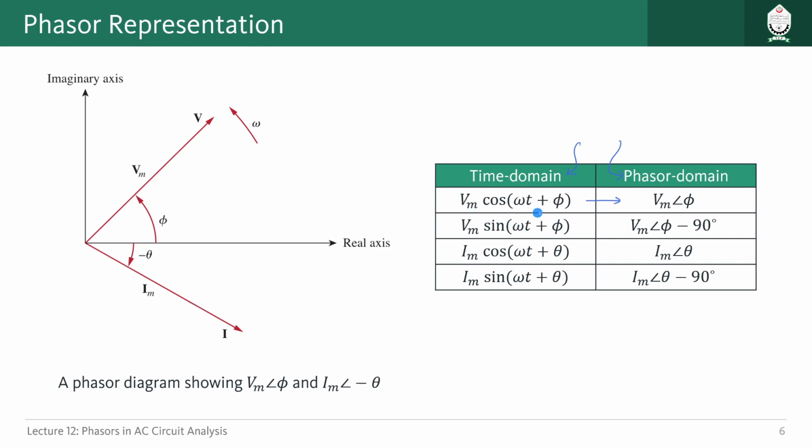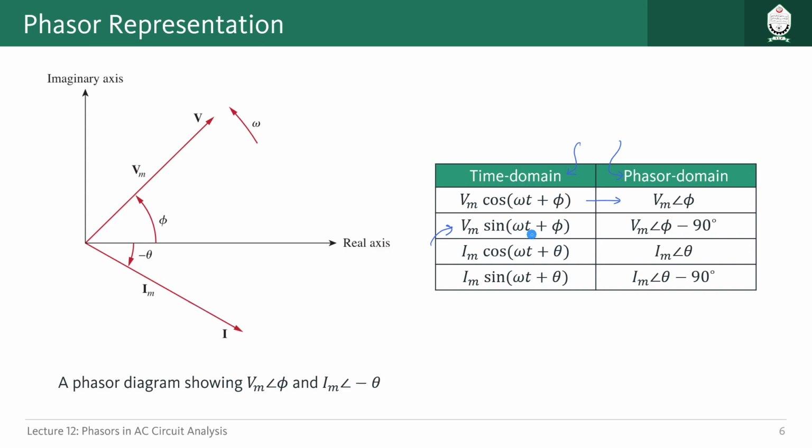Vm cos(omega t plus phi) is equal to Vm angle phi. Very simple, no problem. But let us say we have something like this, Vm sin(omega t plus phi). Then what to do? Because we know in our complex exponential, the real portion was the cosine signal, not a sine signal, but here we are seeing the sine signal.